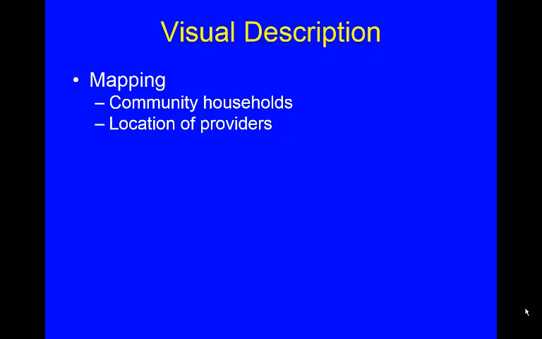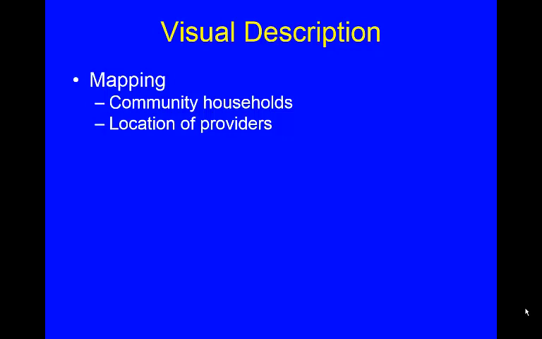You get a lot of information about the demography of a community by using mapping activities with community members. You can even, to some extent, get an idea of how many poor households there are in a community based on the community's assessment. Where are the people who really need assistance, for example?